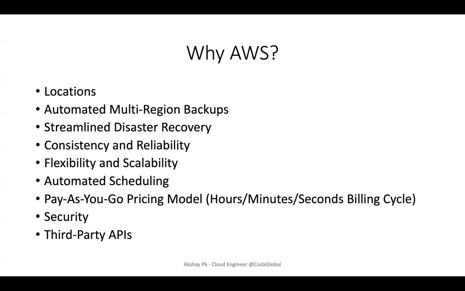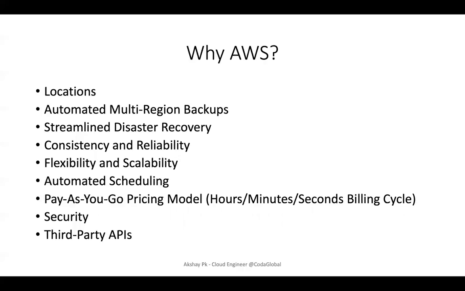Then you also have the reason of consistency and reliability, because they provide a really good SLA for some of their services, and really good durability for their storage service, which is 11 nines durability. When we work with the storage service, we'll understand that more clearly.